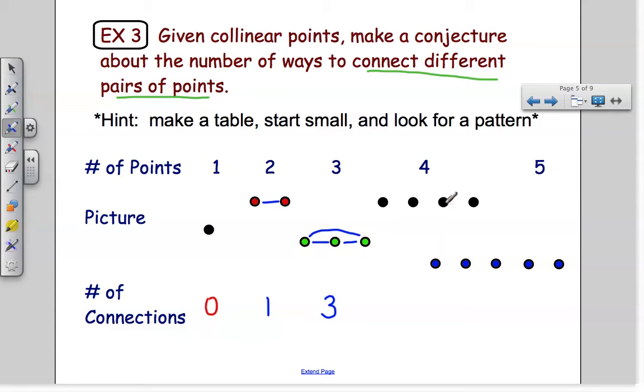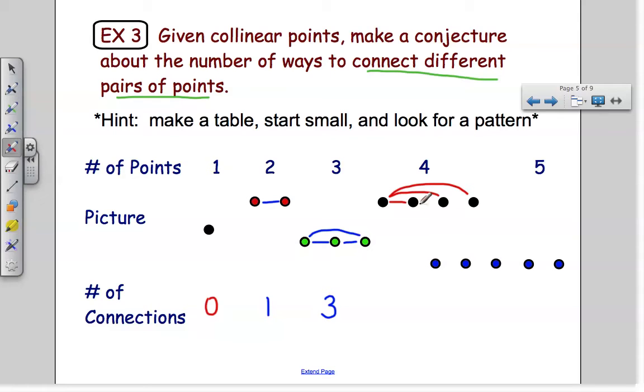What about when I get to 4 points here? Maybe I'll go back to using red. Okay, connect different pairs. I'm going to connect the first point with the second. The first point could connect with the third, or the first point could connect with the fourth. Now the first one's connected everywhere. I have 1, 2, 3 connections so far. What about the second point?